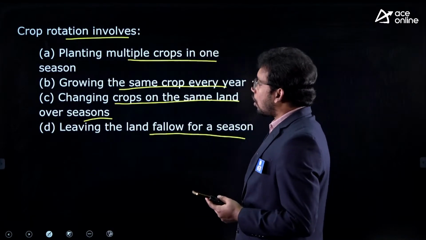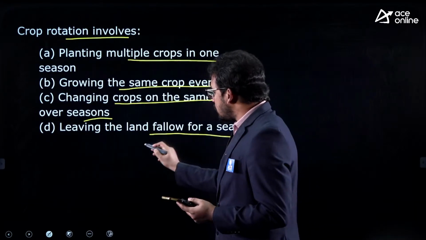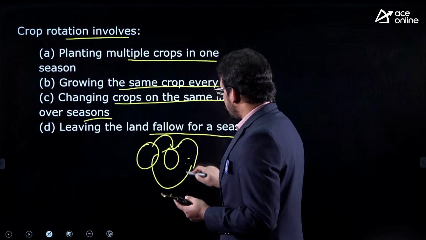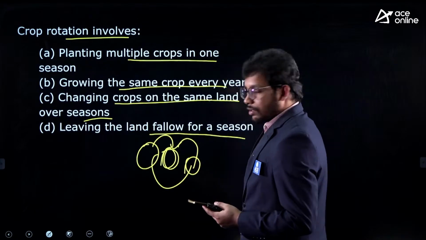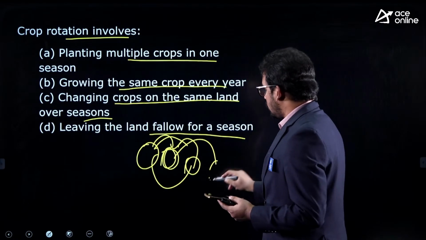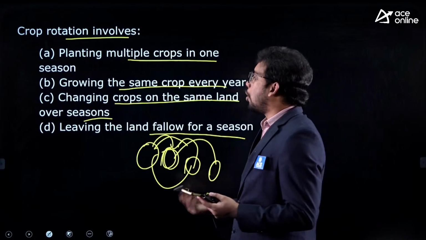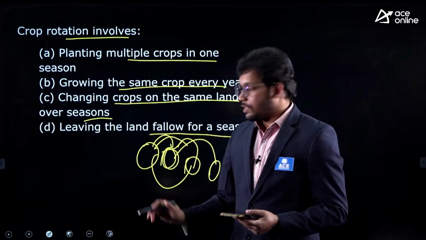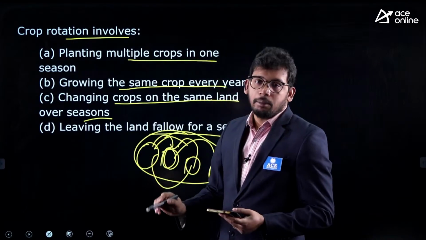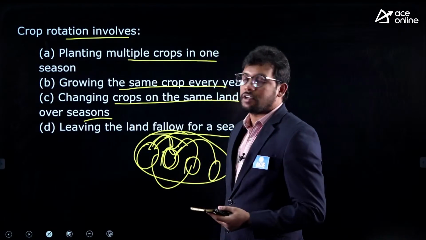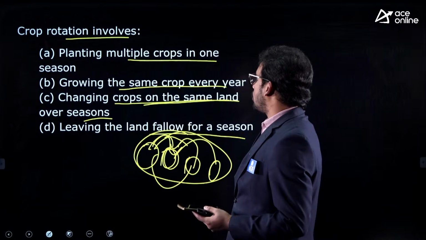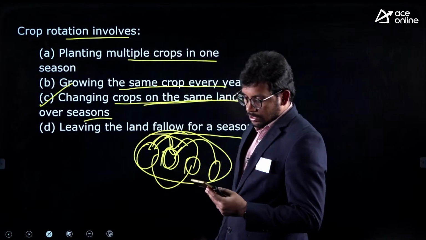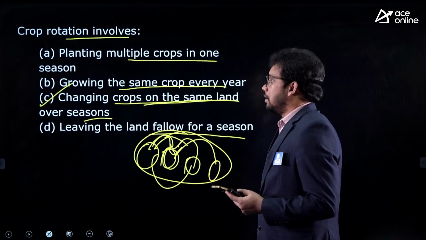The name itself suggests that crops are rotated alternately. This crop we will cultivate after cultivating some other crop, then this. So it is rotation of crops in the same field but in different seasons. The same land, but in different seasons we cultivate different crops. So changing crops on the same field over the seasons is the correct answer. C is the answer here.